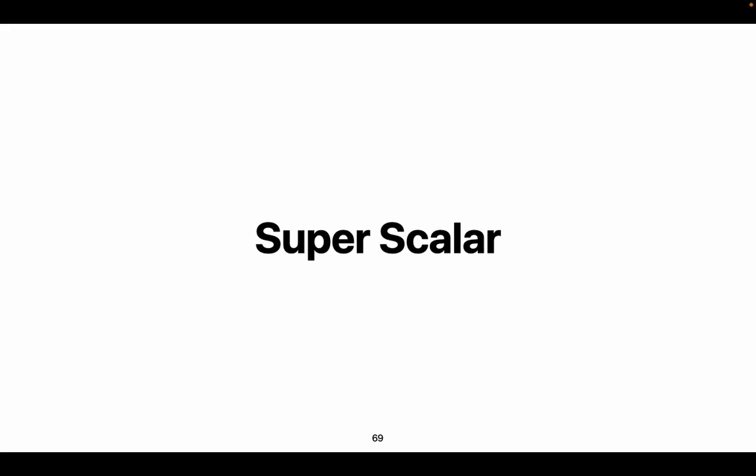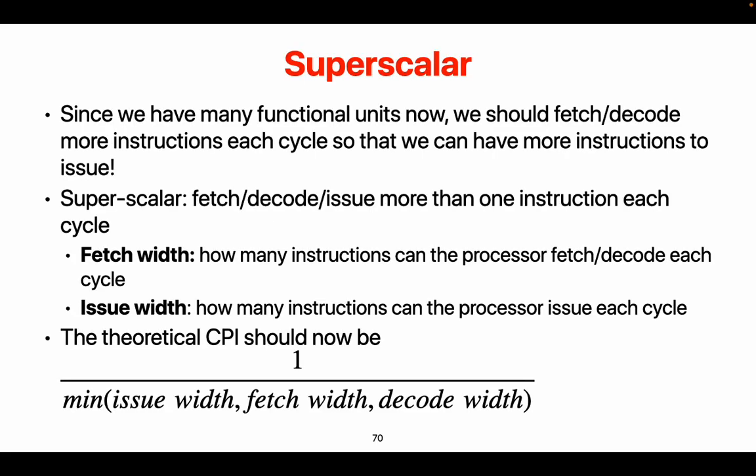To deal with those missing opportunities, here's a new concept called superscalar. The idea of superscalar is that since we have more functional units now, let's lift that restriction that at each cycle we can only execute 1 instruction. Instead, I recreate the issue logic to enable the capability of putting multiple instructions that don't have data dependencies into execution.